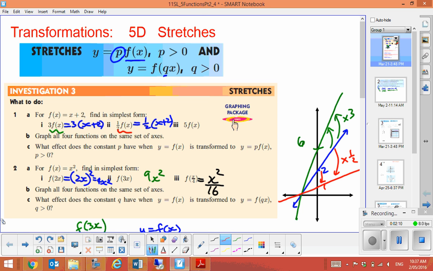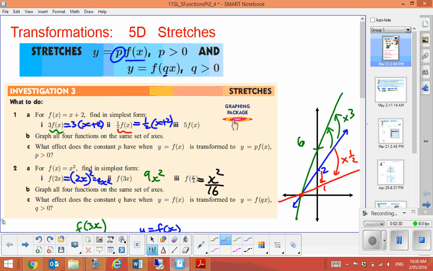The y-intercept is going from 2 down to 1. So that's a little 1 for our y-intercept. The y value of our x-intercept is obviously 0. So 0 times a half is still 0. So we see our x-intercept doesn't change when we're doing a vertical stretch.